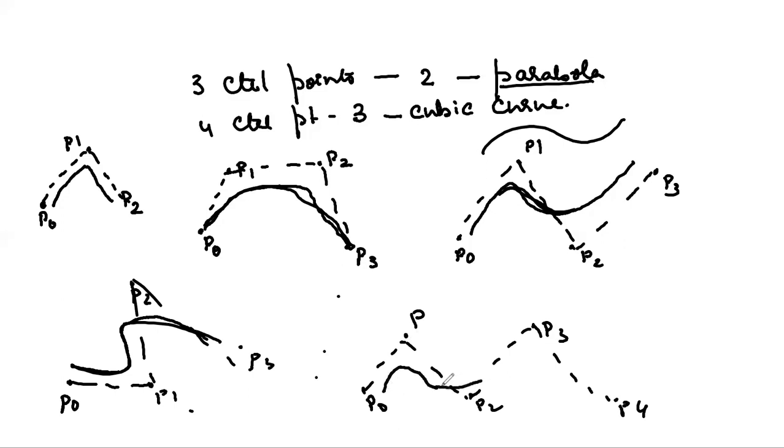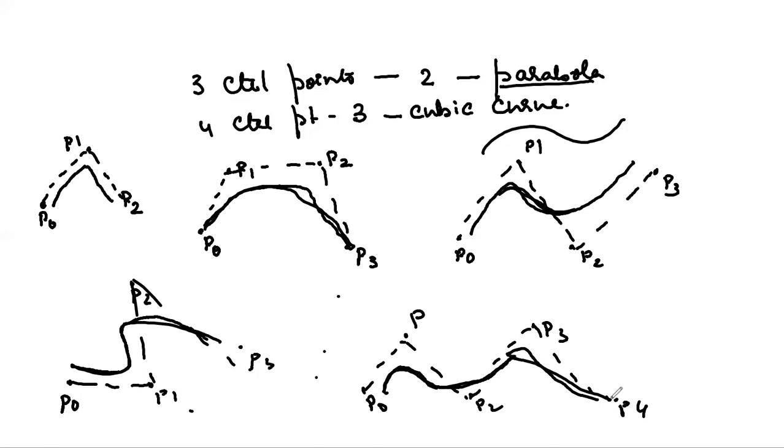Then you move towards the third and then comes somewhere like this. Now these altogether represent the two-dimensional Bezier curves which are generated with 3, 4 and 5 control points, and dashed lines are used to connect the control point positions for us.